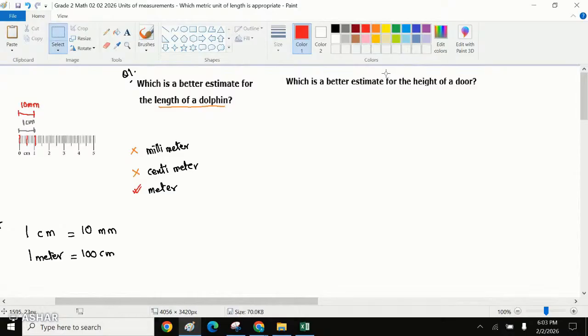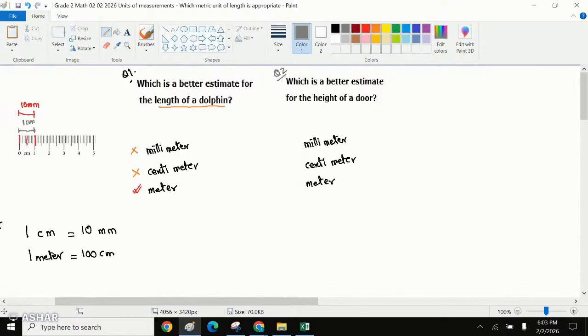The door has to be bigger than us for us to pass through it. Just a moment, let me copy the options. If the options were 3 millimeters, 3 centimeters, or 3 meters, which is a better option?